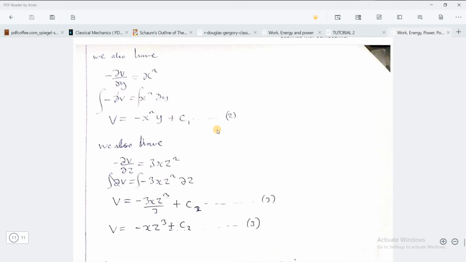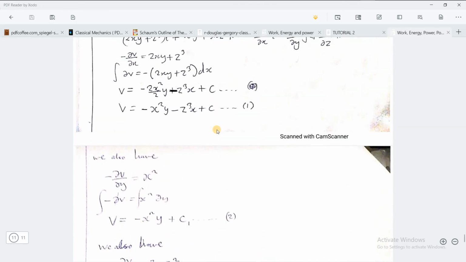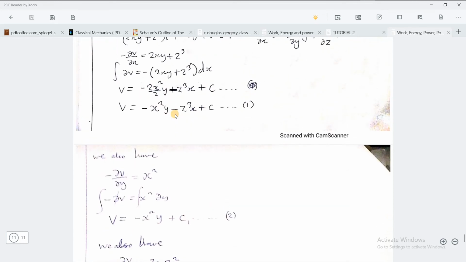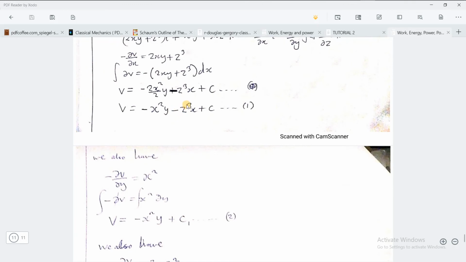Okay, now to get our common potential, we must get all the different parts of potential. As you can see here, we have minus x squared y and minus z cubed x. So now let's start with the minus x squared y, we get it, and the minus z cubed x, we get it.